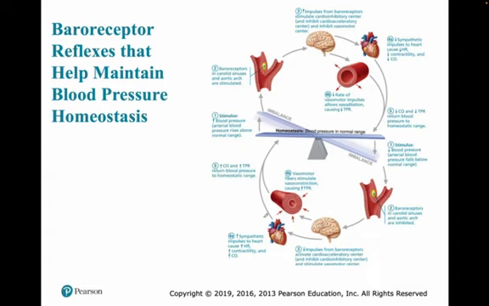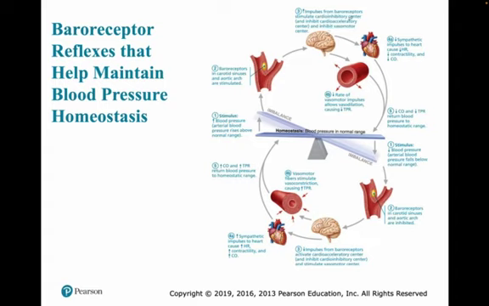Okay. So what happens? Suppose your blood pressure is in the normal range, this whole thing will be fine. But if your blood pressure changes, the baroreceptor detects that, and the impulses from the baroreceptor are picked up by the brain.